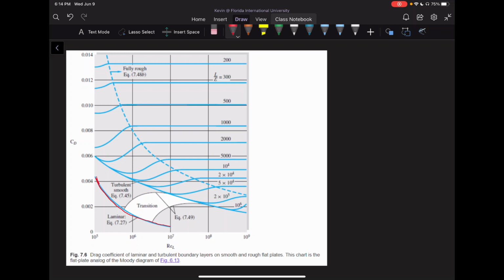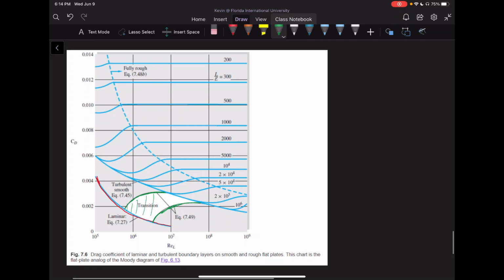Now, for our transition region, we have a more complicated region. We actually have a region that is bound in our transition. We don't have a simple transition as before; we have an area where the transition could happen, and depending on the flow, sometimes you'll have that transition and sometimes you won't. This transition uses two different equations for two different Reynolds numbers of transition.